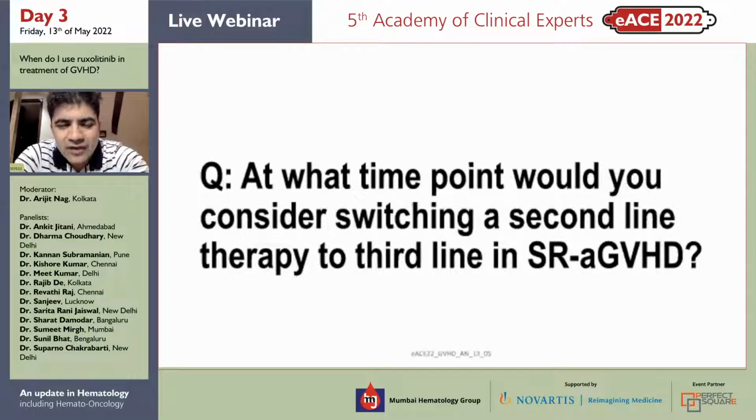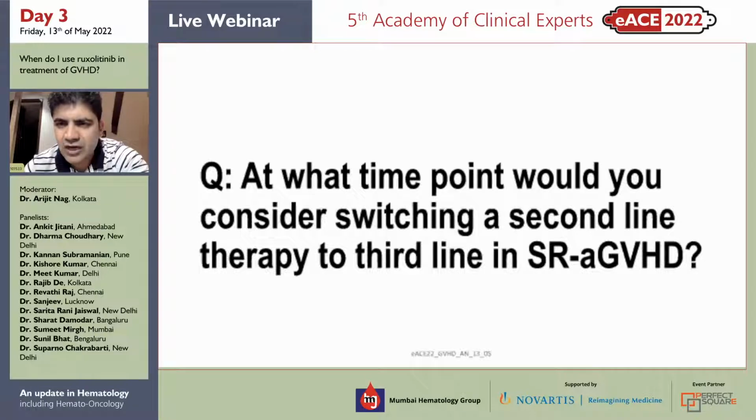Now on the third line agent, if we have used Rux as a second line agent, and we have started reducing steroid slowly, we need to give it enough time to act. I wouldn't expect anything before a week.